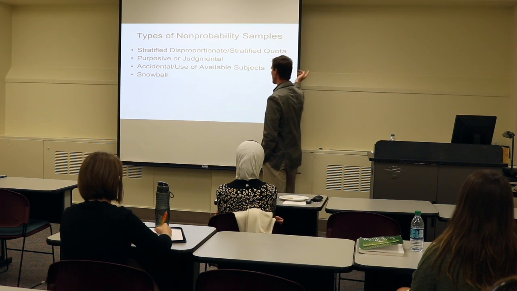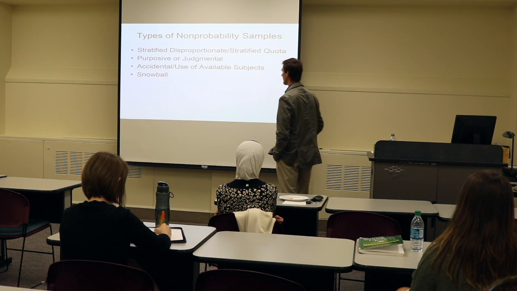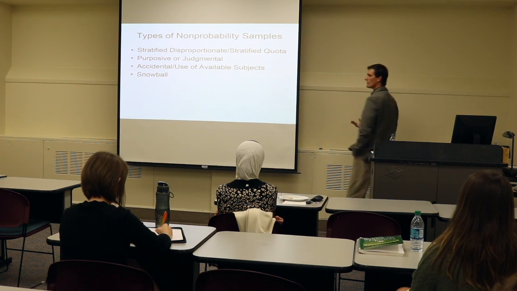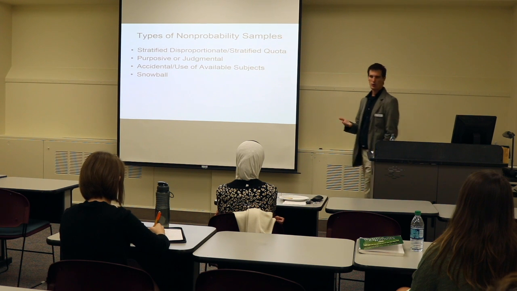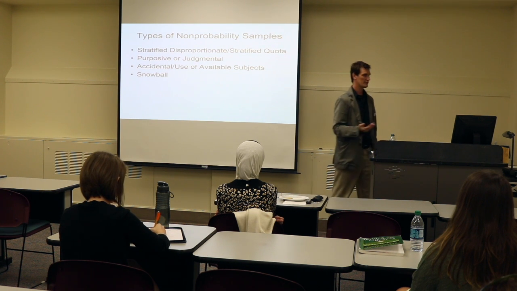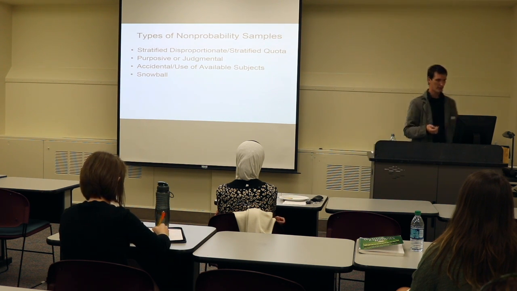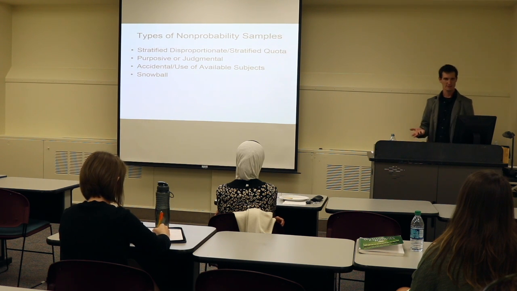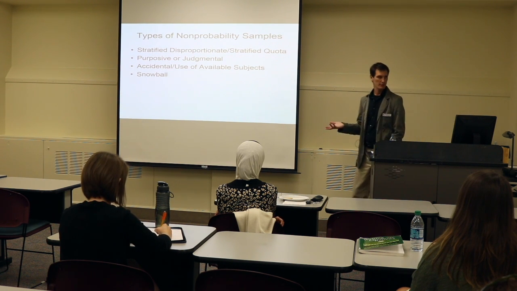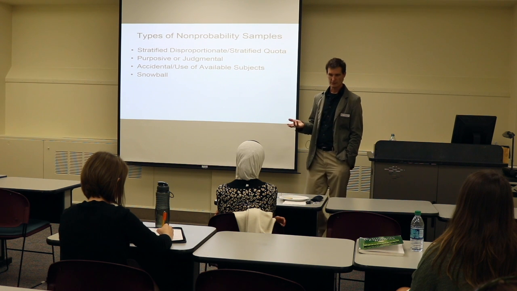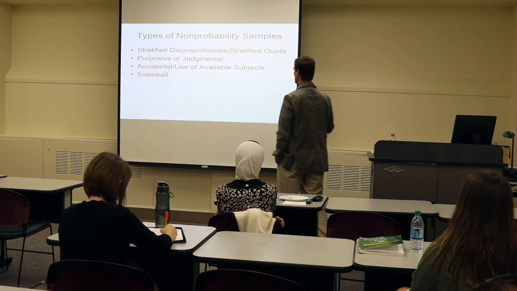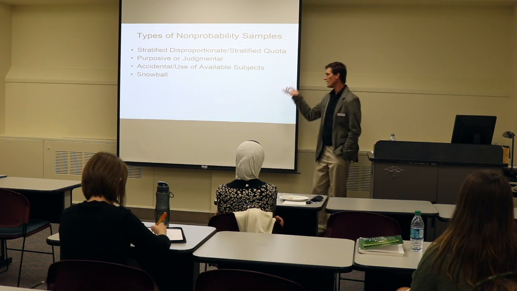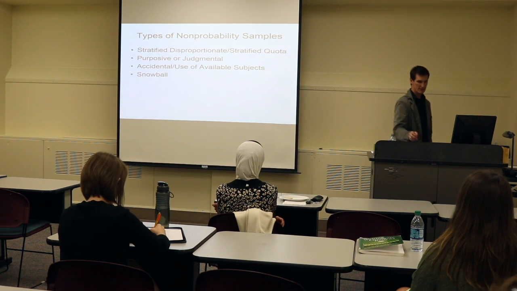The same name refers to all of those: stratified disproportionate, stratified quota, or just simply a quota sample. And then the purposive or judgmental samples, another type of non-probability sample that I'll mention. The accidental sample, or the sample using the available subjects, sometimes referred to as a convenience sample, is another type of non-probability sample. And then finally, the snowball sample.